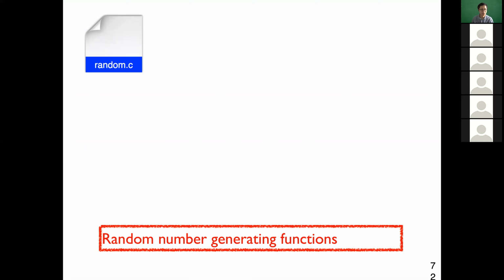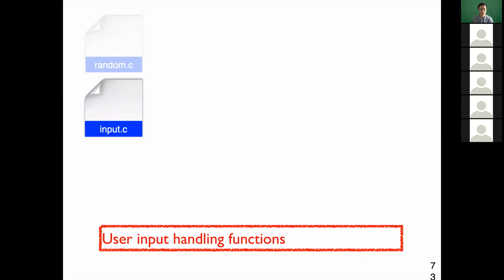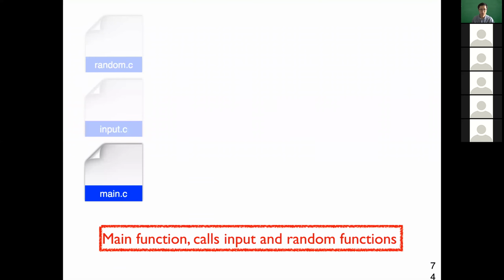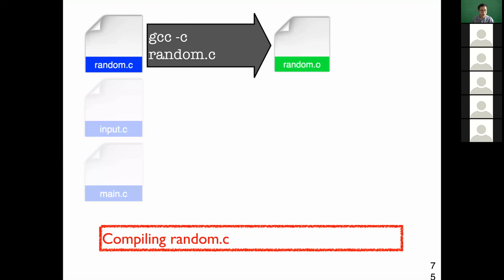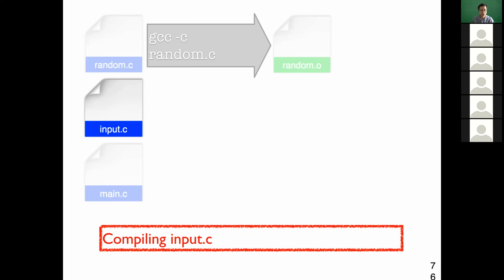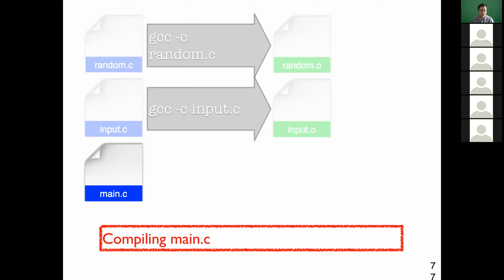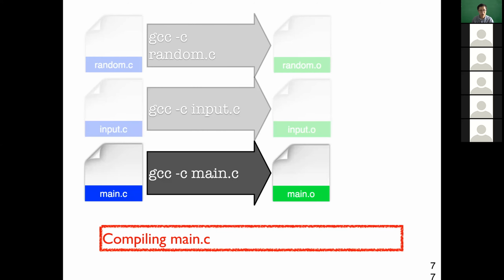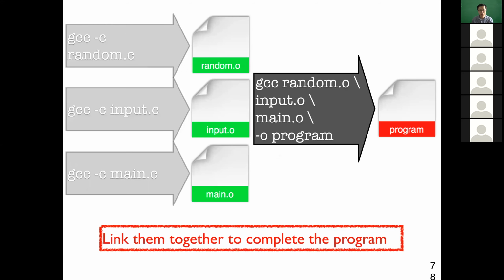For example, we have a random number generator source code. We have another source code file for user input handling. We have a main file. Then we compile each of them individually, right? Then we link the compile output together into a program. This is the whole build process.